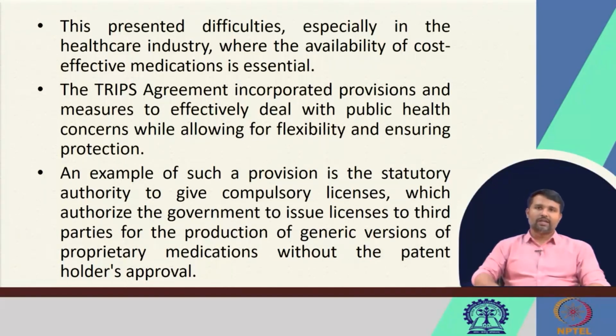So, when the TRIPS flexibility is exhausted and India had to implement the product patent regime, there need to be a balance which has to be ensured between the interest of the patentee and the general public. So, in order to address this, the governments introduced compulsory licensing provisions and several other exceptions which will take care of the interests of the general public.